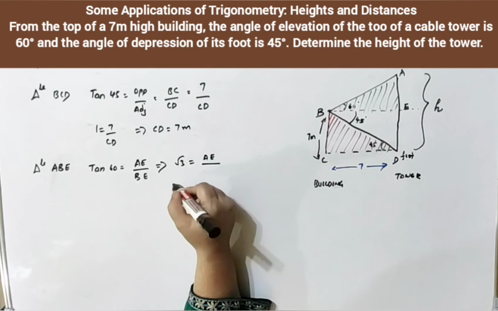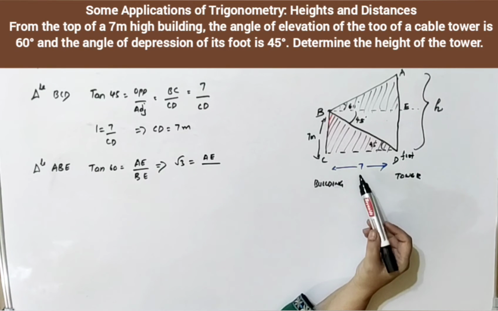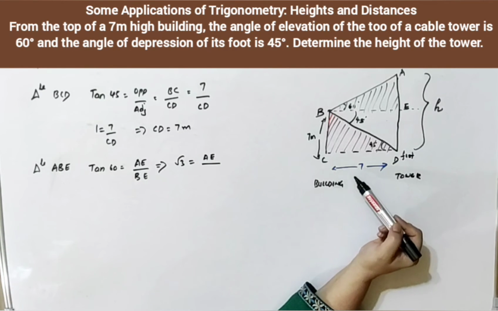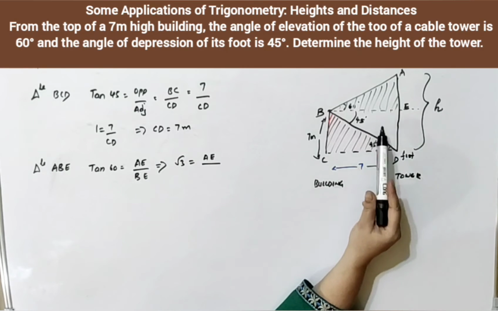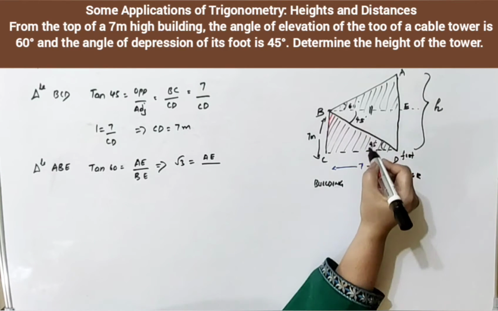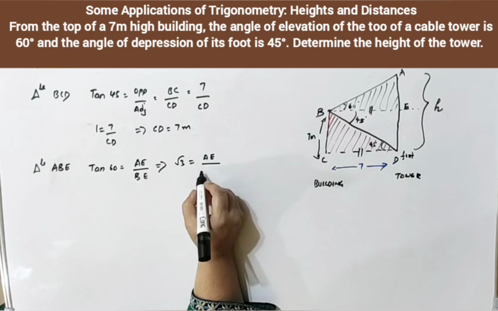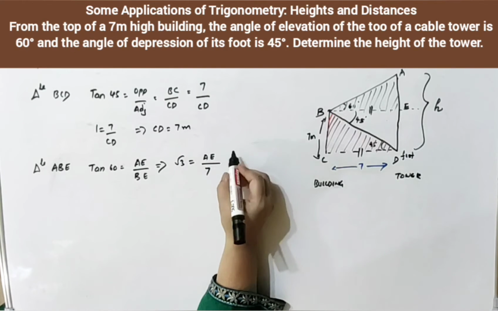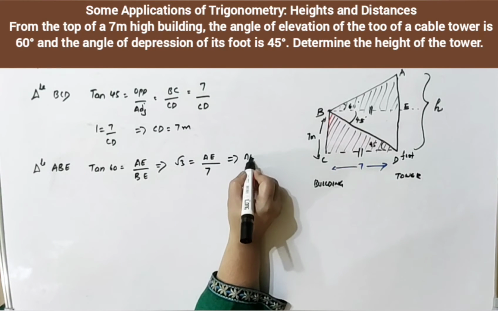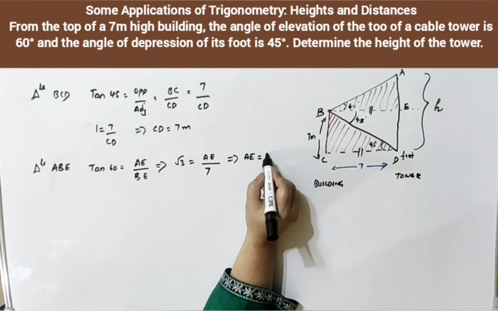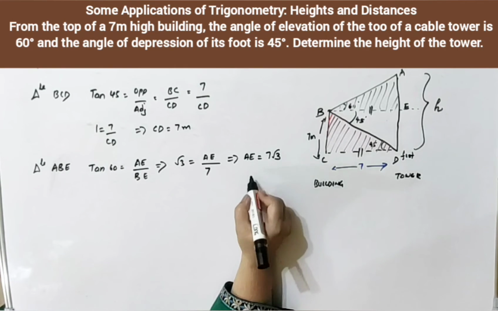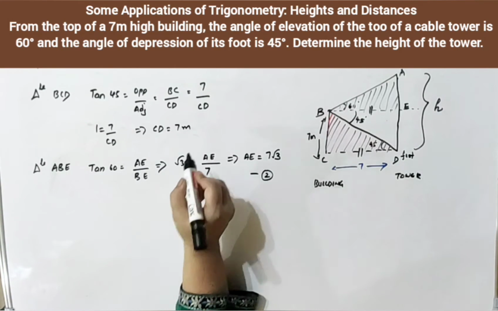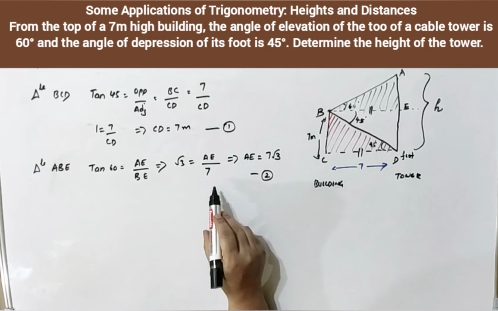BE is nothing but the opposite side of this entire rectangle. We know CD is 7, so BE is also going to be 7 because both these sides are equal. So this will give us AE, which is 7 root 3. Let's call this equation 2.